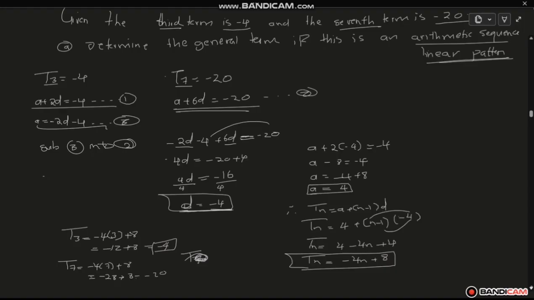Therefore, the answer must be negative 20, meaning whatever we've done here is very, very correct. I hope you saw how I did this. Make sure that if you didn't understand, pause the video or study it afresh and understand it. Very, very important. T7 we're given as negative 20 and we've proven it, as well as T3.